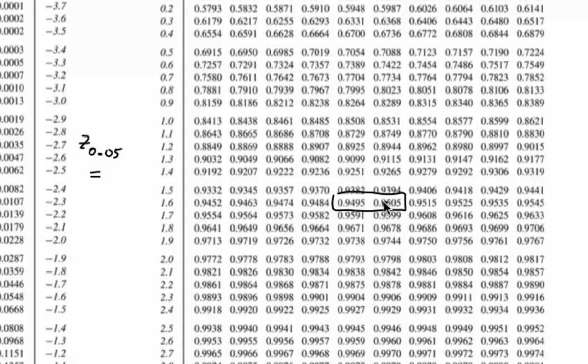Is this 4 and 5? 0.04, 0.05. So it's between 1.64 and 1.65. In fact, exactly halfway between, right? So the z is 1.645. Any questions on that?